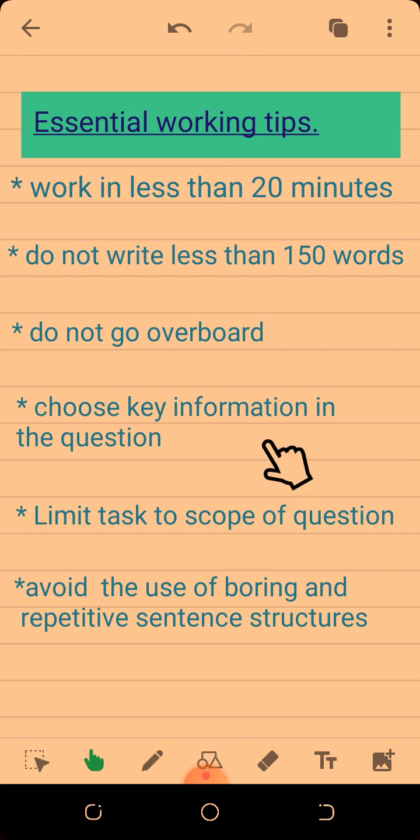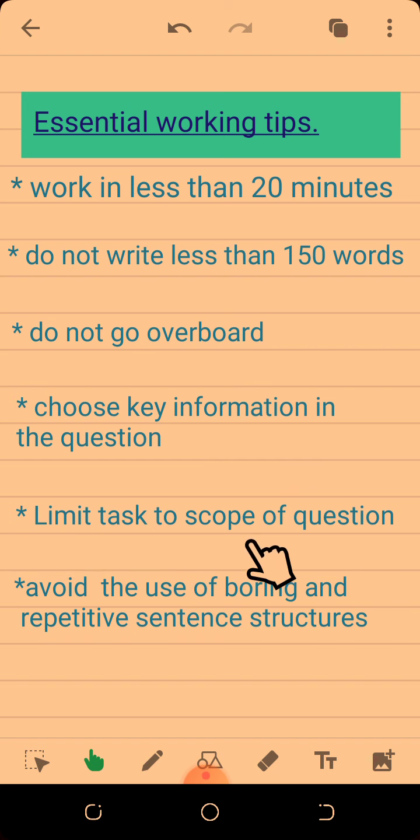Choose the key information in the question. Do not miss out the key information in the question. Those are the first things you should see visually when you visualize the diagram given, and those should be clearly stated in the overview in the first paragraph.